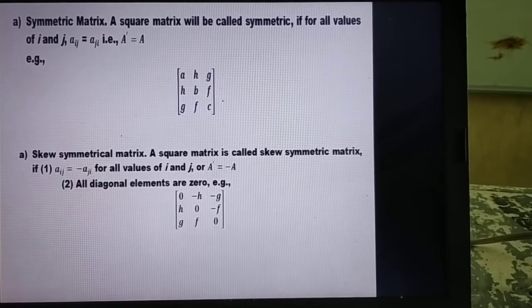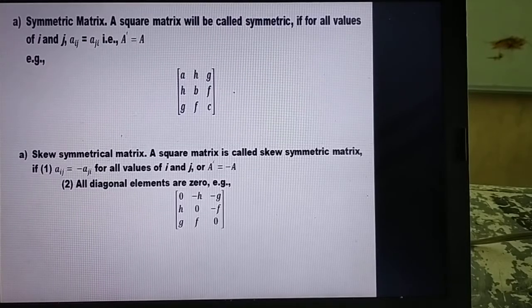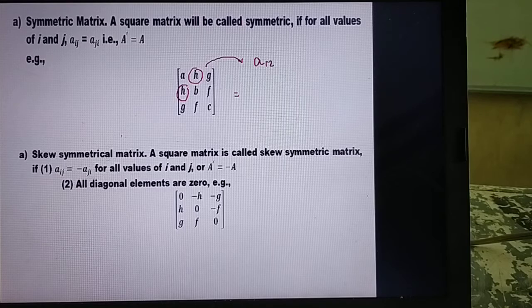So here, this one is A row 1, column 2, and this one is A row 2, column 1. If these are equal, that is called a symmetric matrix.